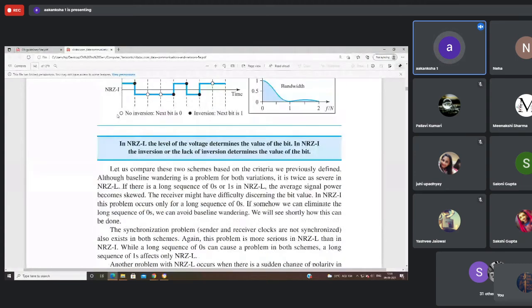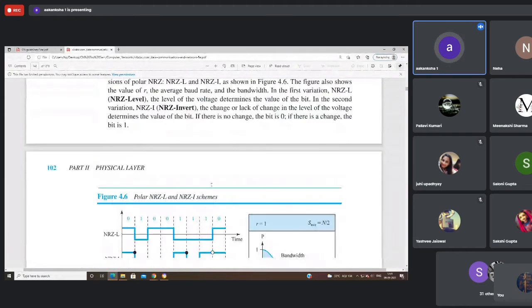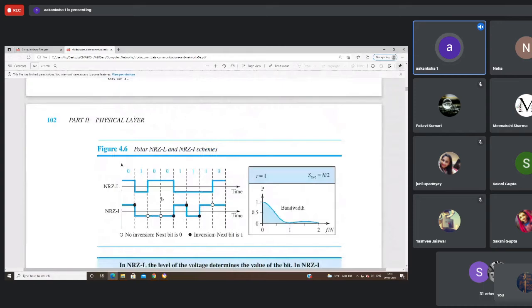In that case, you have more problems in NRZL, because we only have different polarities for zeros and ones. Instead of sending 0, because we are sending 0 as positive voltage, and there is a sudden change in the polarity due to some external factors not in your control, it may happen that instead of positive voltage you are sending negative voltage, or it becomes low.